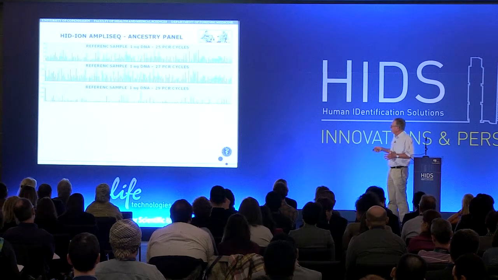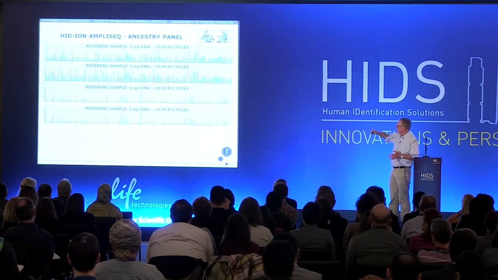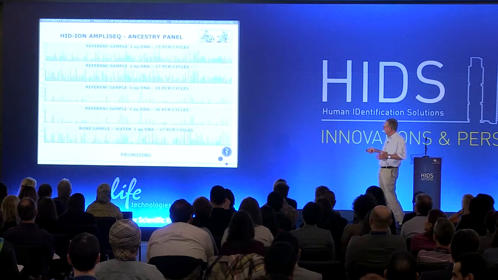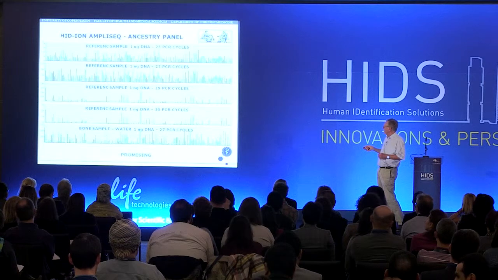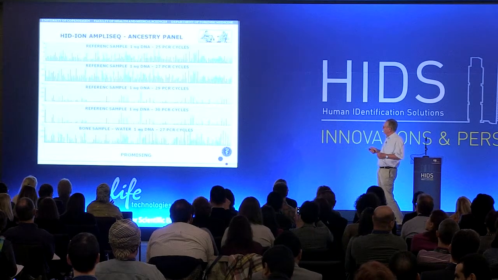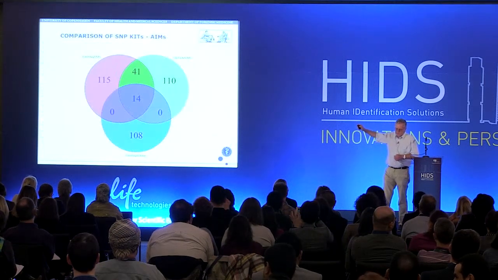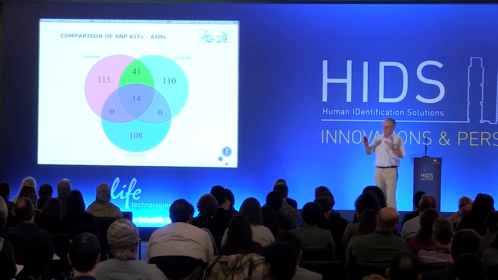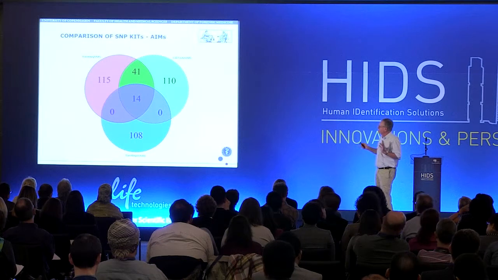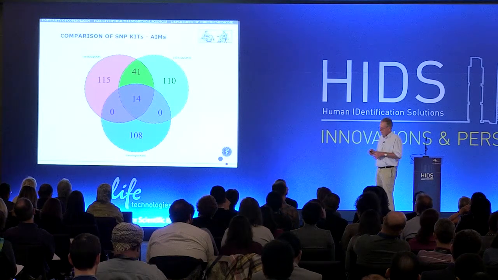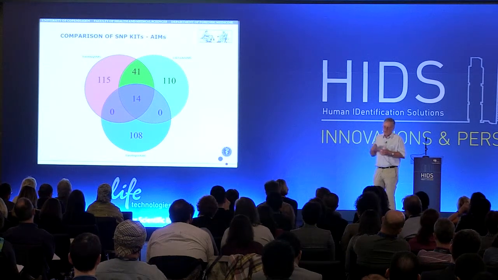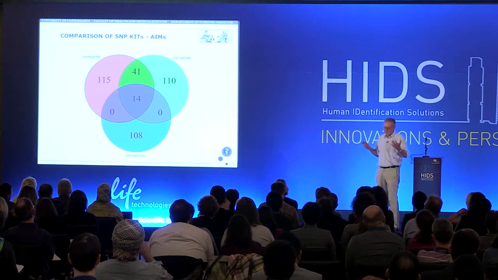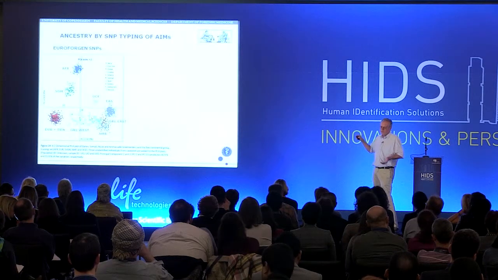And here we used it for a difficult sample with 27 PCR cycles, and you can see the results were nice. And again, it's a little bit difficult to compare all these kits because they have different SNPs, and I hope that we can settle on some standard SNPs for these purposes so that we can obtain comparable results.